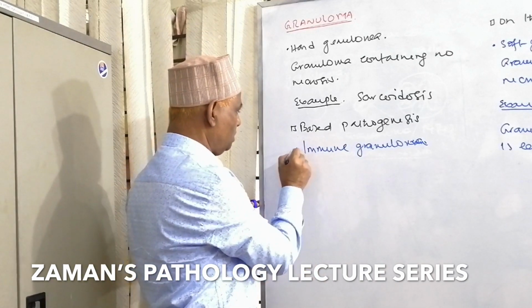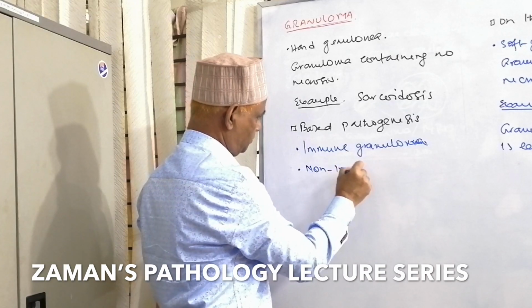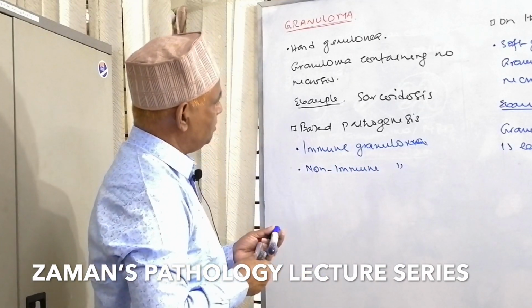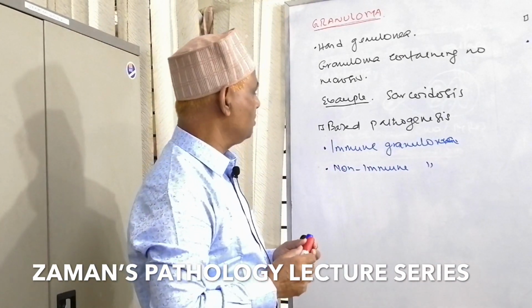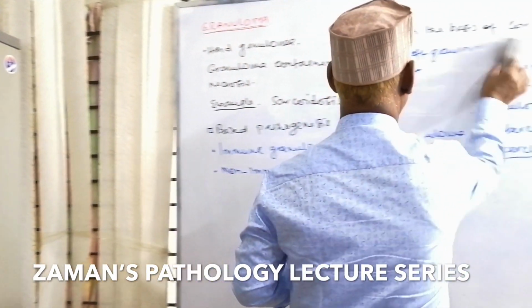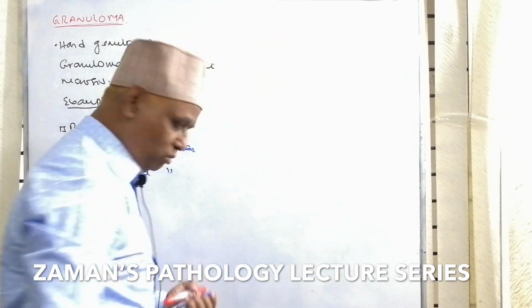Another is non-immune granuloma. The granuloma where formation of granuloma needs no immune system involvement is called non-immune granuloma. First come to immune granuloma.